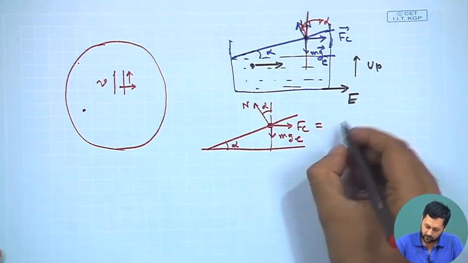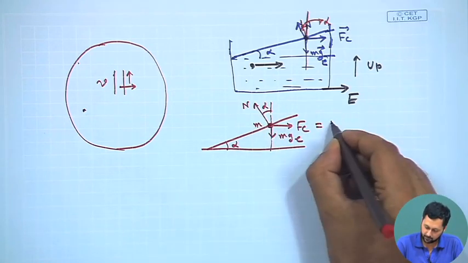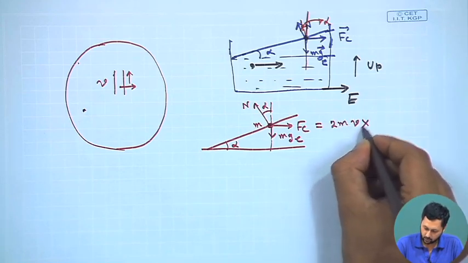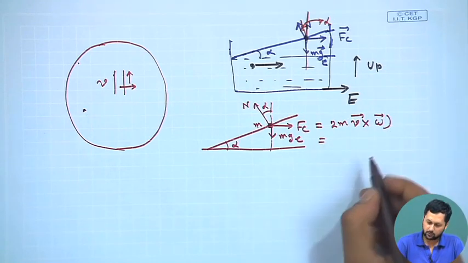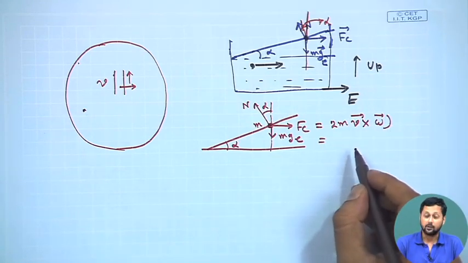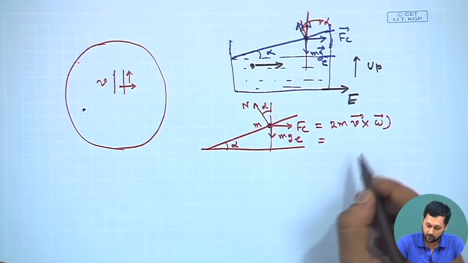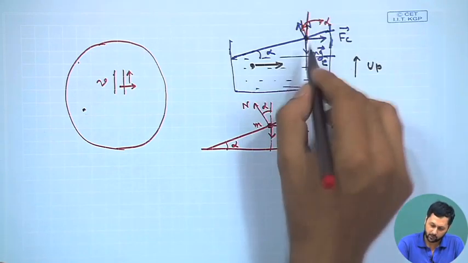Now, Fc for this particle of mass m is given by 2m v cross omega. Omega has components, one along north and one in the upward direction.